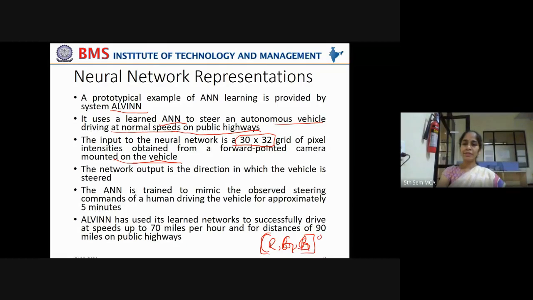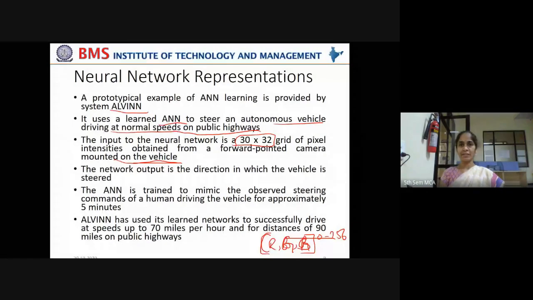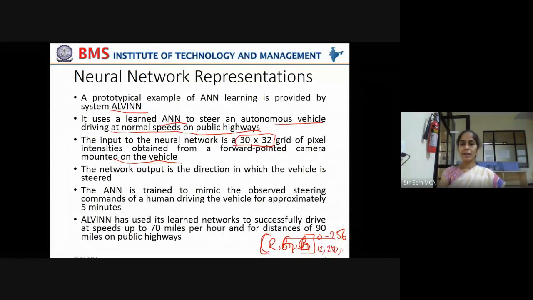Okay, each taking values from 0 to 256. But if it is a black and white image, then it will be in the form of zeros and ones. If you take this RGB, if I give 12 and 250 and 100, then I say that that particular pixel is having more green intensity, because for G it is almost nearing 256.